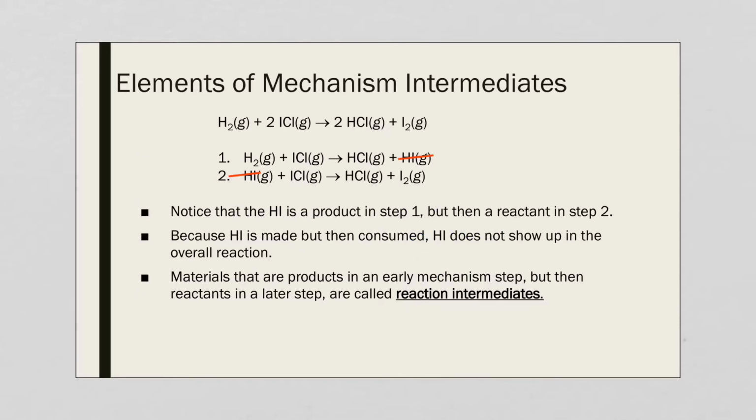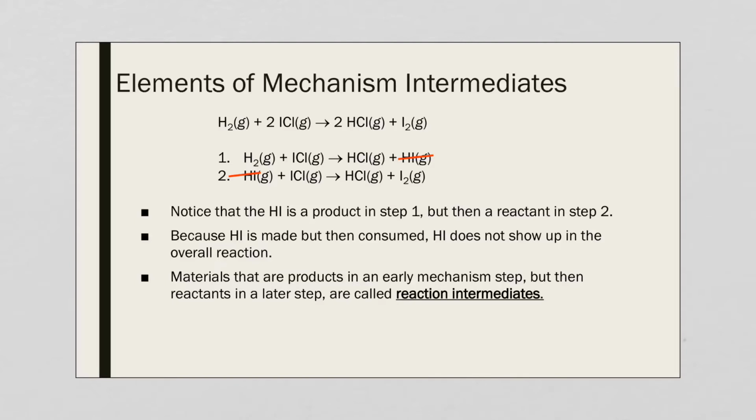A couple of things need to be true about a mechanism. First of all, the elementary steps must add together to form the overall process. So we have to be able to physically add together the steps to get to here.